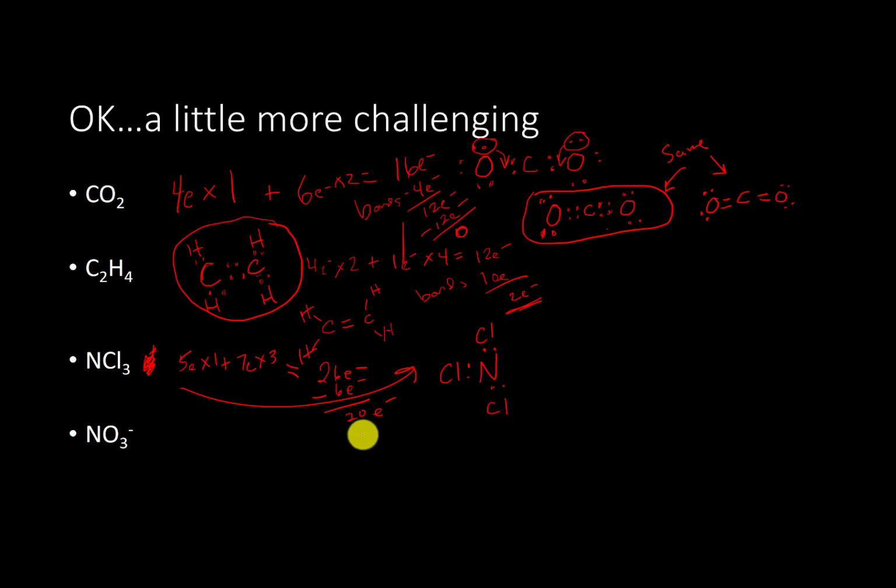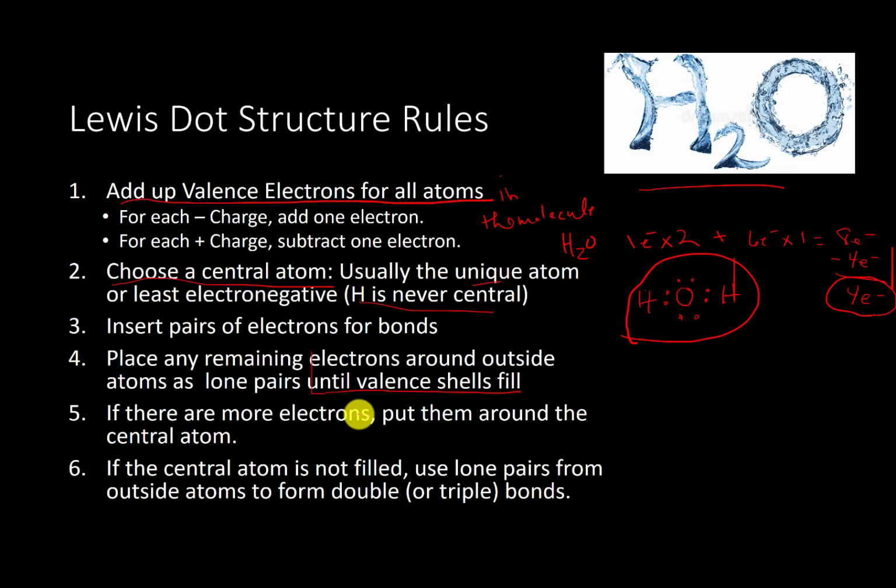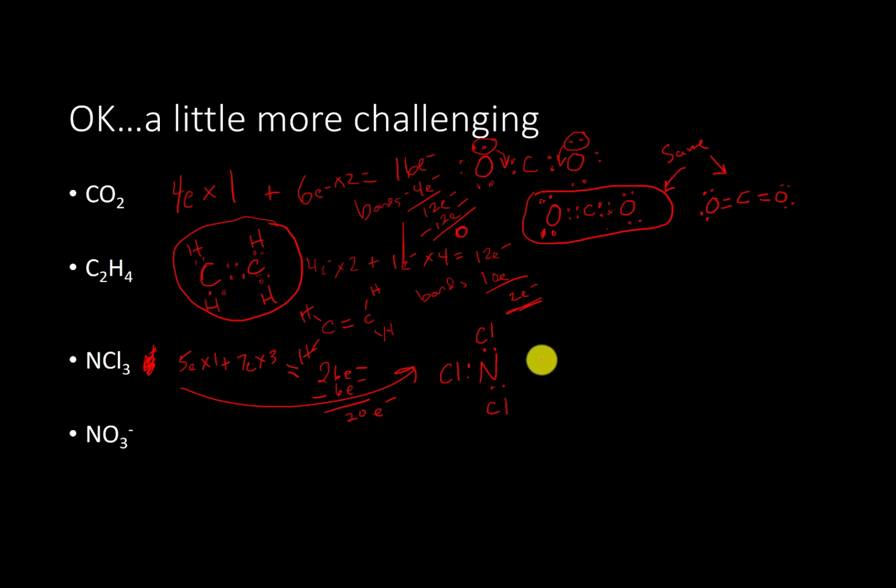The next thing we do as we look at our rules is we place any remaining electrons around outside atoms as lone pairs until valence shells fill. I think we can do that. We've got 1, 2, 3, 4, 5, 6, and 1, 2, 3, 4, 5, 6, and 1, 2, 3, 4, 5, 6. So we have used up 18 electrons to fill the valence shells of each of these chlorine atoms.